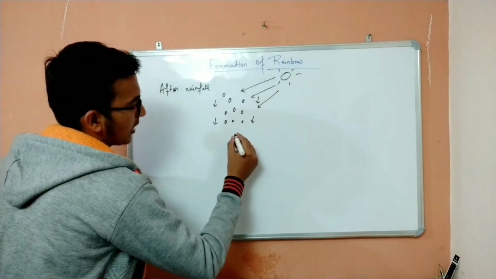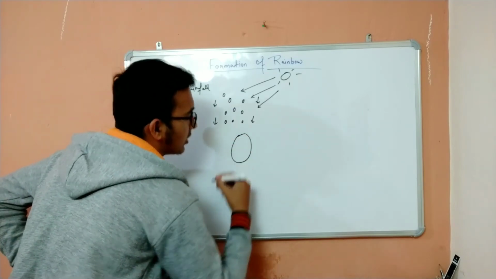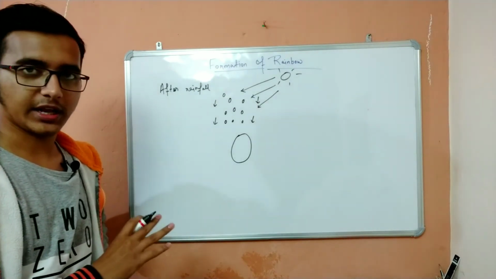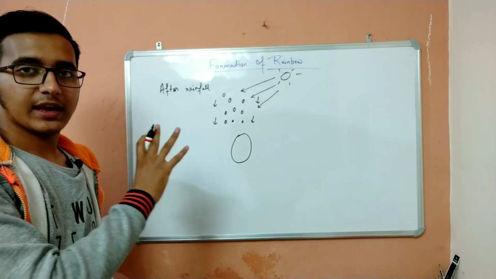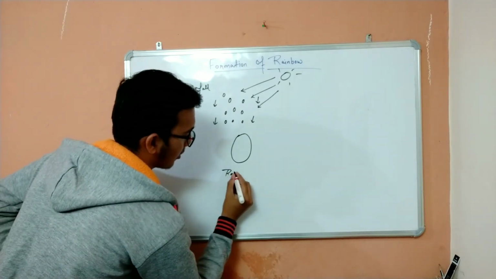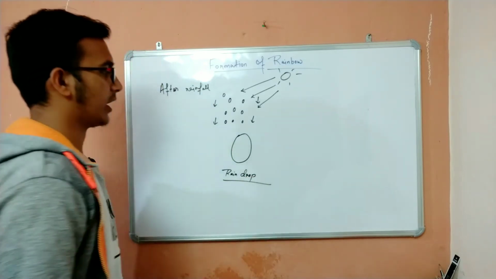What basically happens is, if you zoom in, suppose this is our zoomed raindrop. It looks like an egg, but it is not an egg. It's a zoomed in raindrop. I'm writing it down. So this is your raindrop.